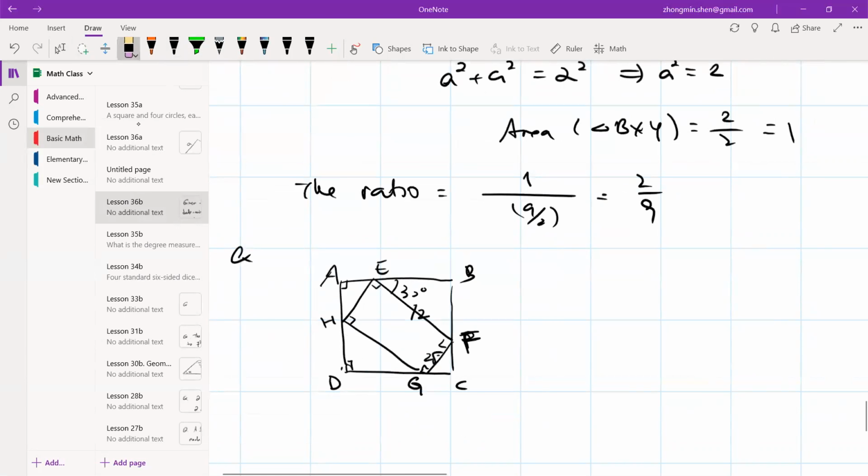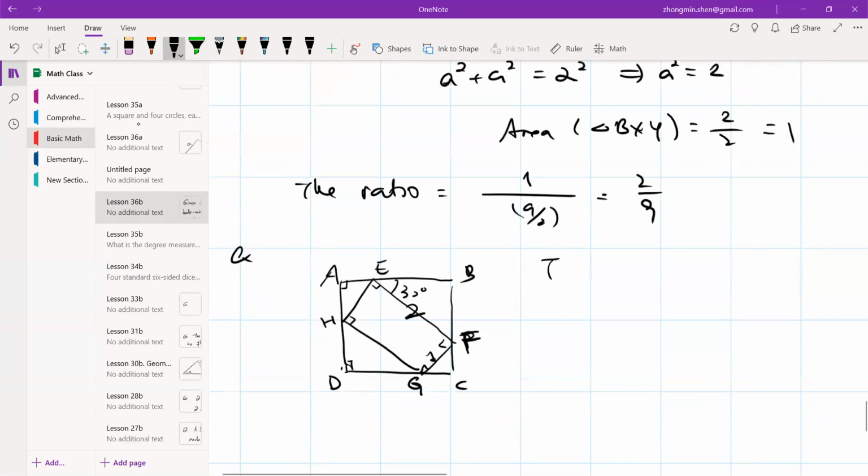Let me check. Okay, I'm not going to use the number 12. Let's assume that this is going to be 2, and that's going to be 1. Make it easy. So I know the dimensions of the interior rectangle.